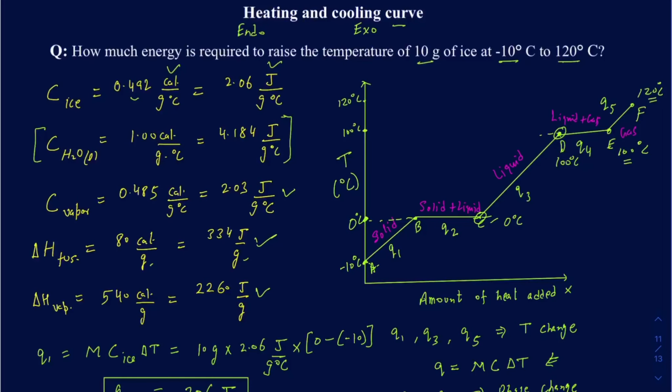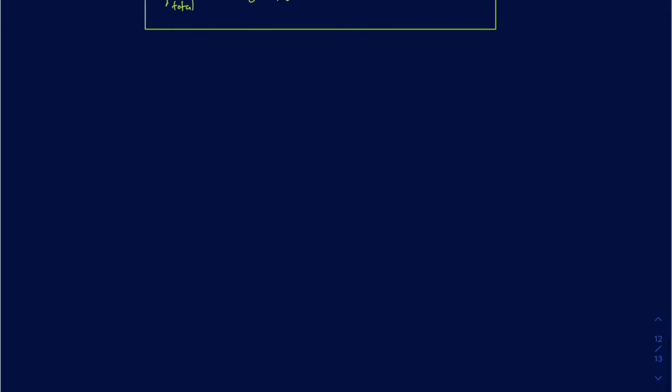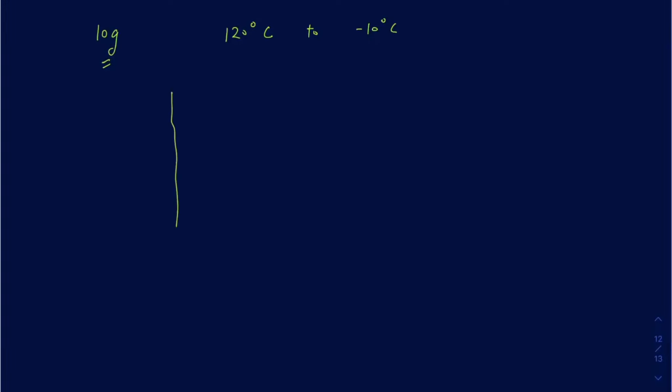You could also have a cooling curve. I'm not going to do a question, but I'll tell you exactly how the cooling curve is going to look. Suppose I'm doing a very similar question, still using 10 grams of ice, but now my starting point is 120 degrees Celsius, and we're going down to minus 10 degrees Celsius. That's a cooling curve because you're decreasing the temperature. Everything else will be the same.